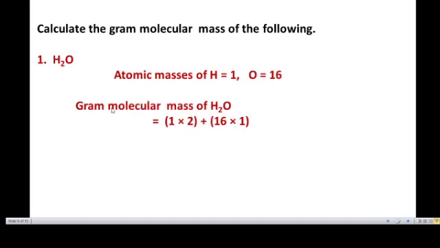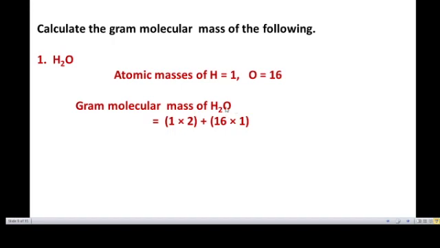The first step, gram molecular mass of water. We have to find out the gram molecular mass of water. 2 hydrogen atoms and 1 oxygen atom. What is the mass of hydrogen? 1 hydrogen atom is 1, and 2 hydrogen atoms are present, so 1 into 2.